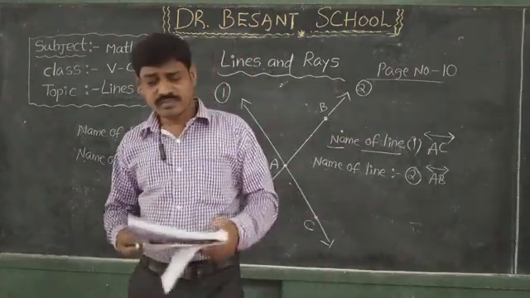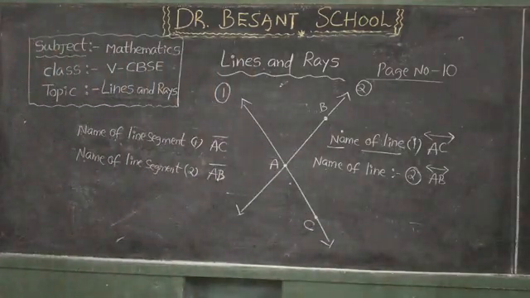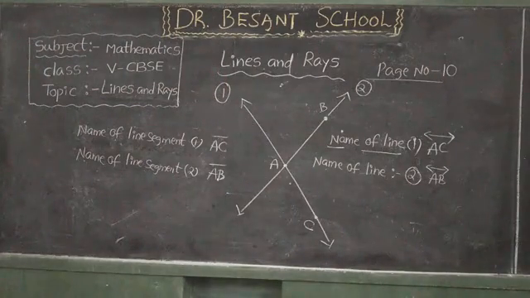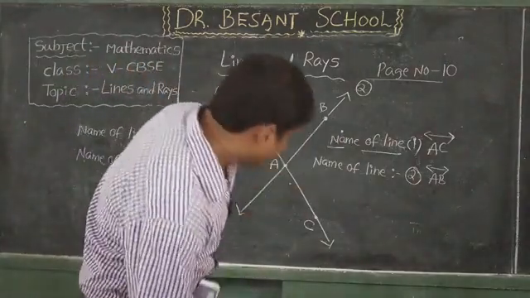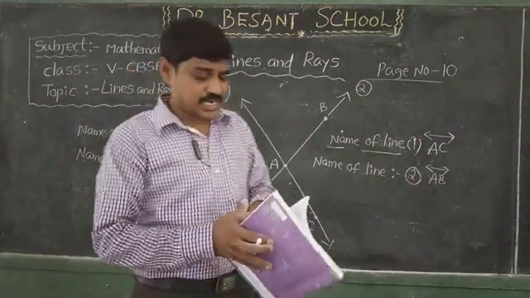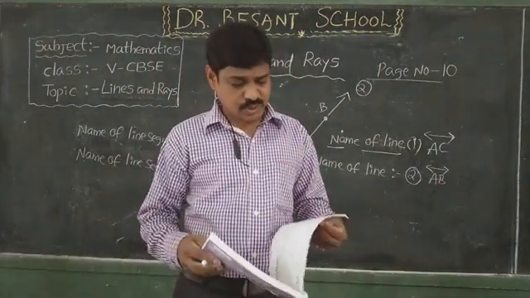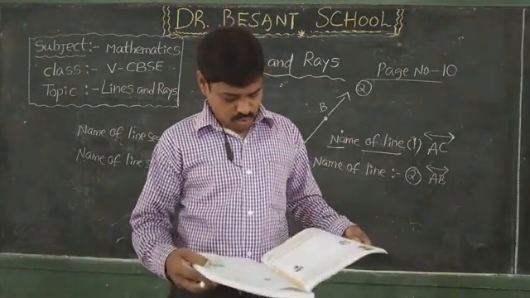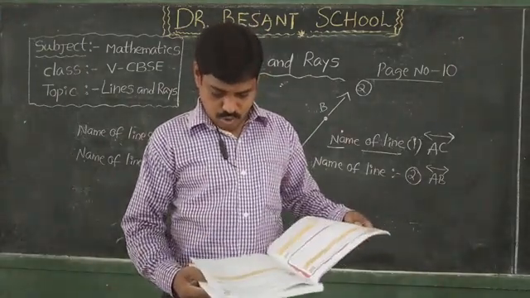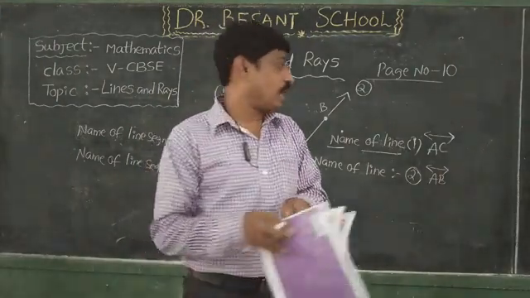Understood? Children, once you see this diagram, okay, next class we will meet again. What is today's homework? You have to do 1.6, 1.7, 1.8.